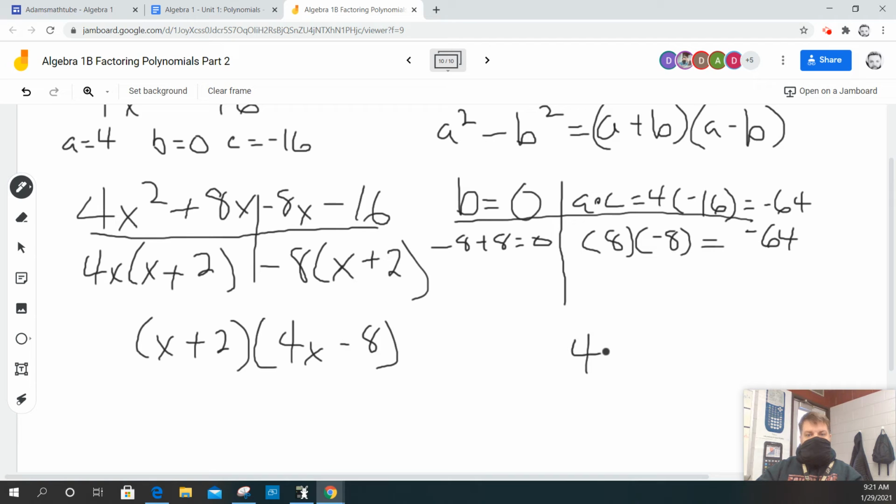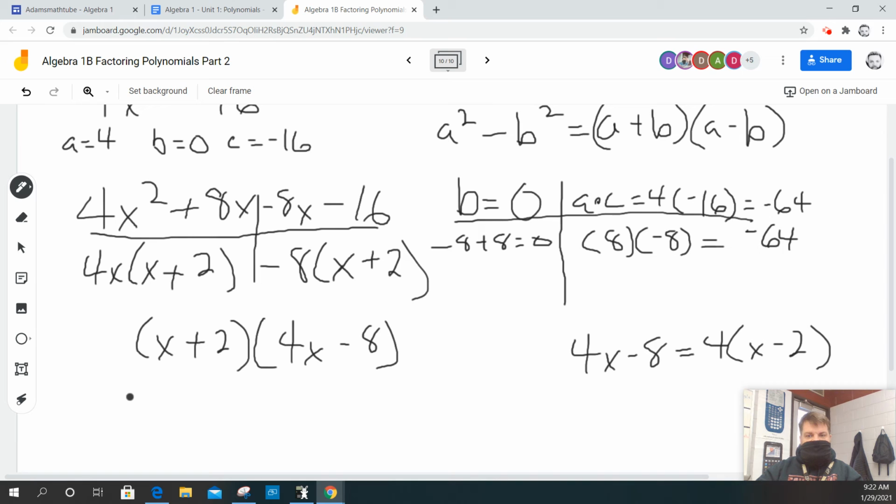So I think that 4x minus 8 is equal to 2 times 2x minus, oh, actually I could factor out a 4. 4 times x minus 2, right?